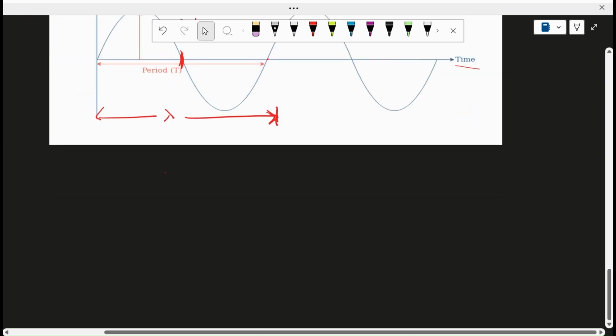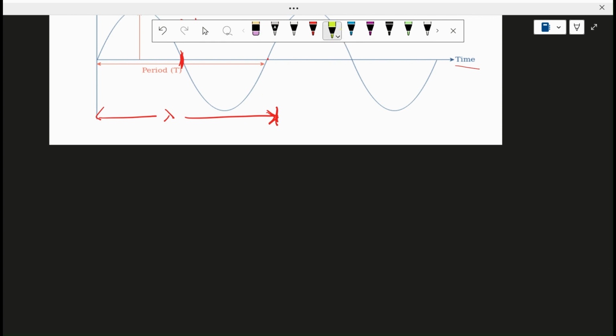So here we need to introduce one more term in our basic equation, that is y(t) equals A sine omega t plus minus kx plus minus phi.